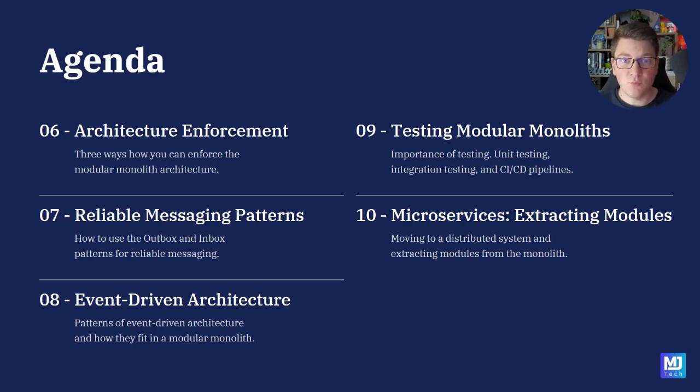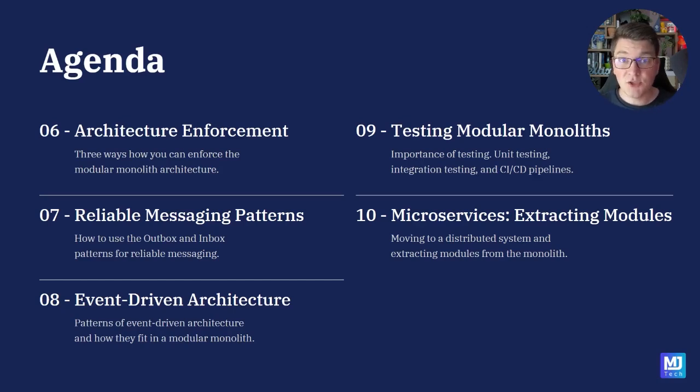In chapter 8, we will be talking about event-driven architecture, and I will introduce you to the most important patterns of event-driven architecture. We're also going to see how we can implement these patterns inside of a modular monolith. In chapter 9, we will be talking about a very important topic, which is testing modular monoliths. I'll show you how to write both unit and integration tests and how to apply them inside of a continuous integration and delivery pipeline.